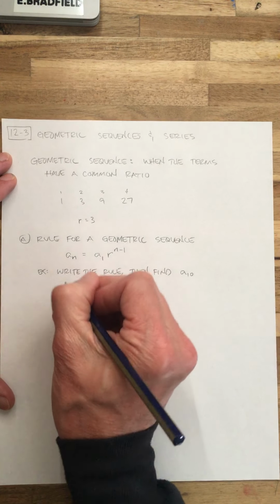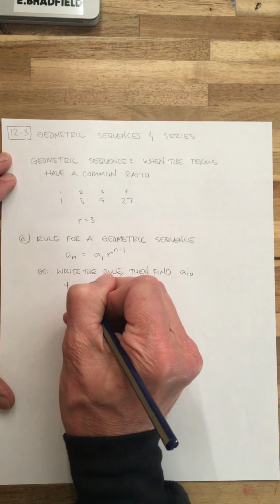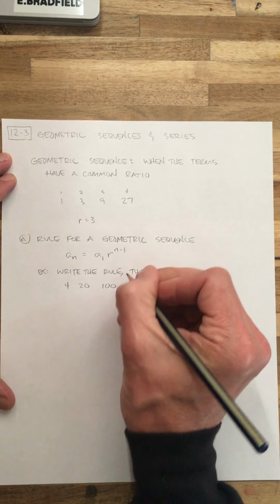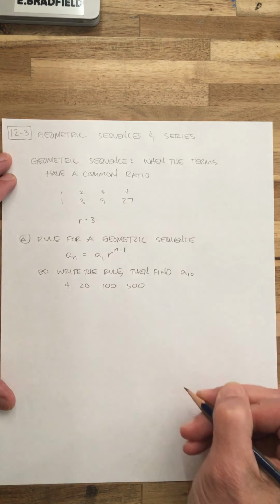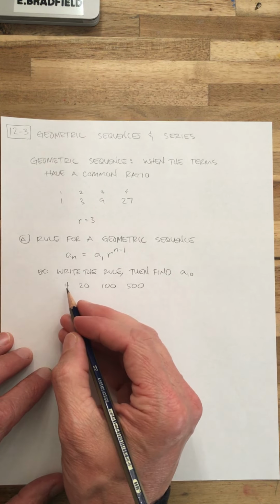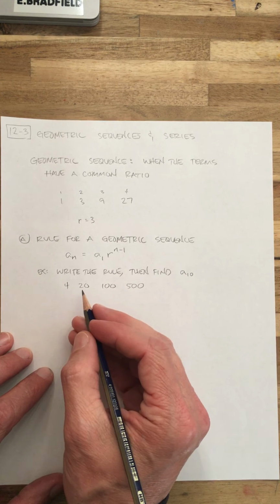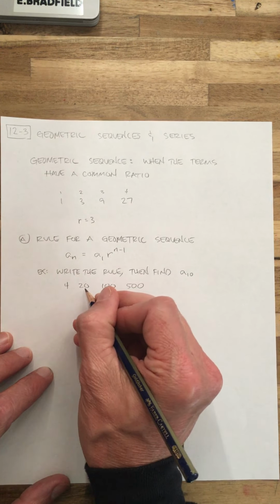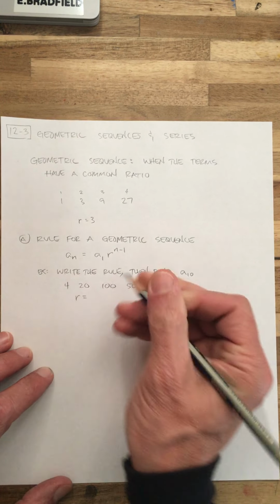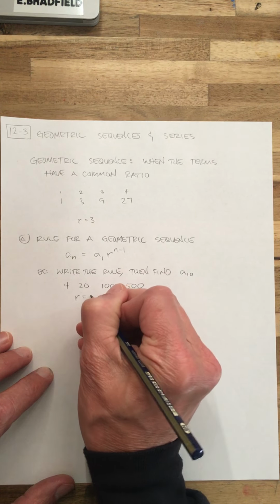Here we go. We have 4, 20, 100, 500. To go from 4 to 20, what do I have to do? It looks like multiply by 5. 20 times 5 is 100. 100 times 5, 500. There you go. So my R is going to be 5.